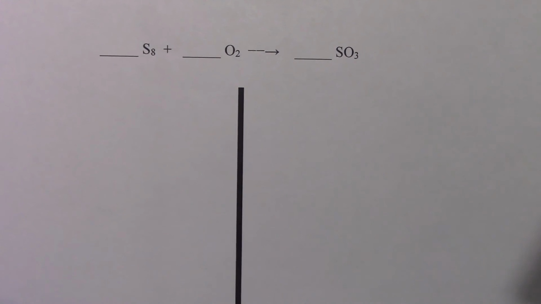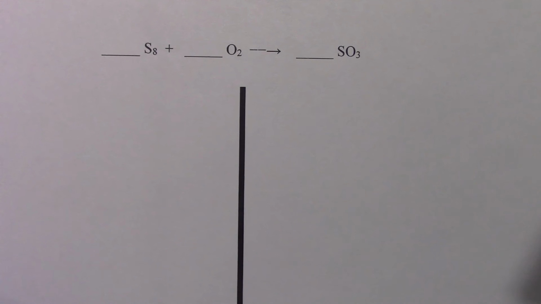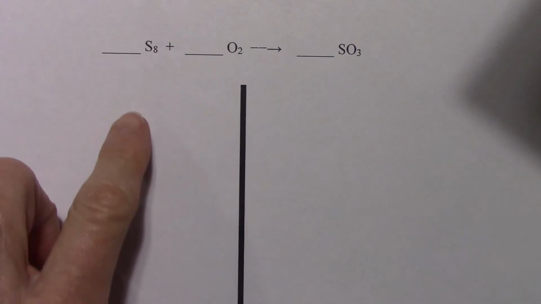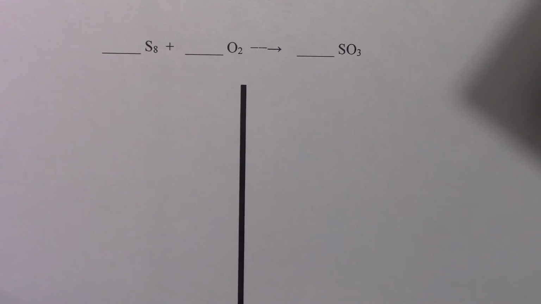So let's look at this example where I have a molecule of sulfur, I have oxygen, and I'm going to get sulfur trioxide. So what I notice here is for my sulfur, I have 8 sulfur atoms together. So since I have 8 on the left, I'm going to need to have 8 on the right.